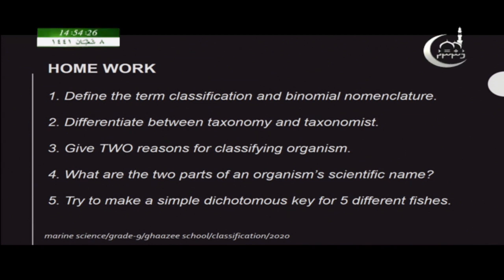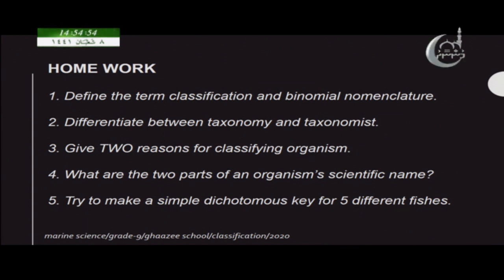And number 3, give 2 reasons for classifying organisms. Why are the scientists classifying all the organisms? 2 reasons. And number 4, what are the 2 parts of an organism's scientific name? And the last question, try to make a simple dichotomous key for 5 different fishes.